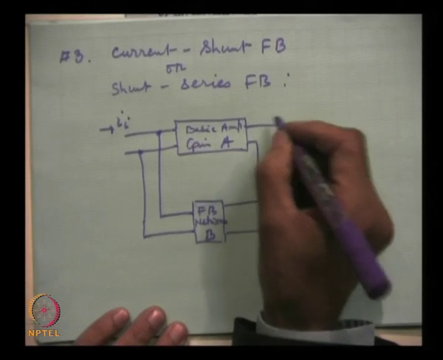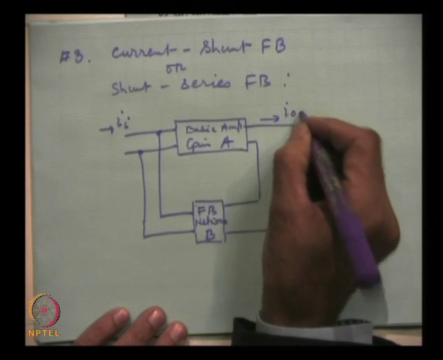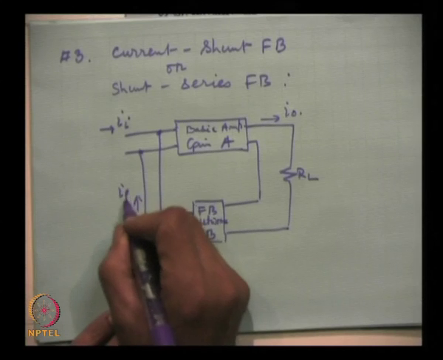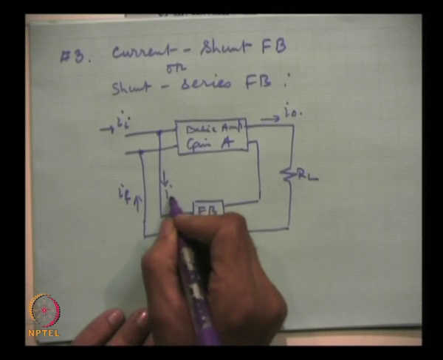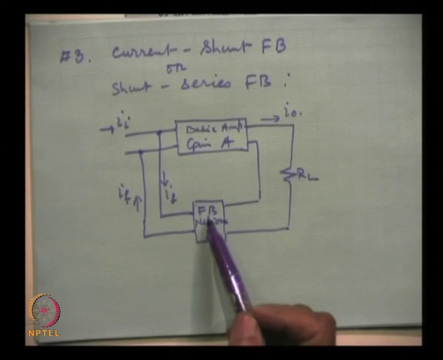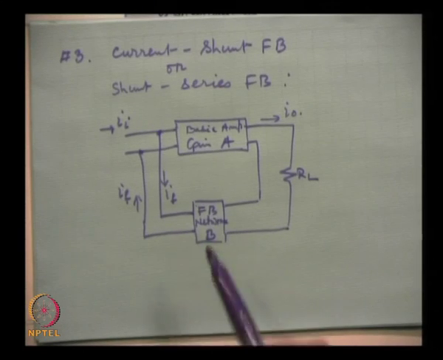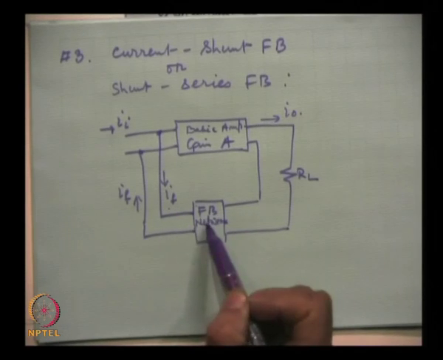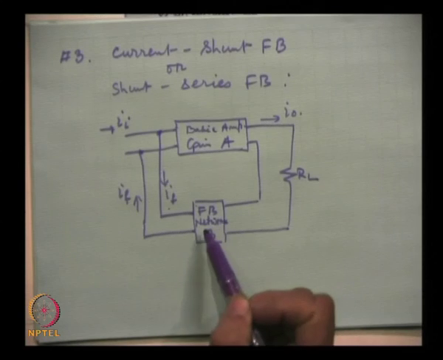Now, I0 sends current IF. Here we are feeding back the current IF, which is the outcome that comes from the feedback network.